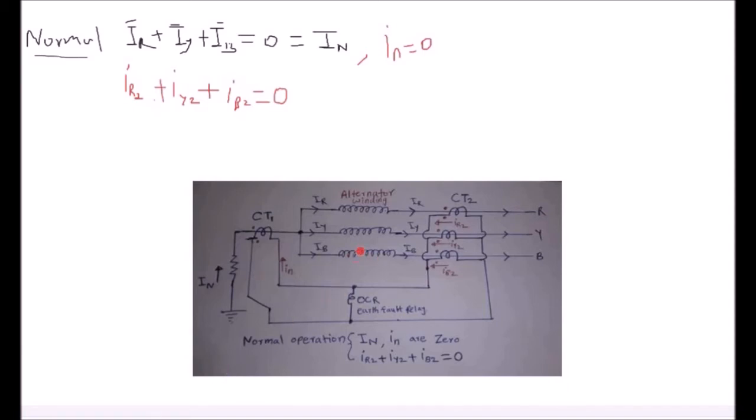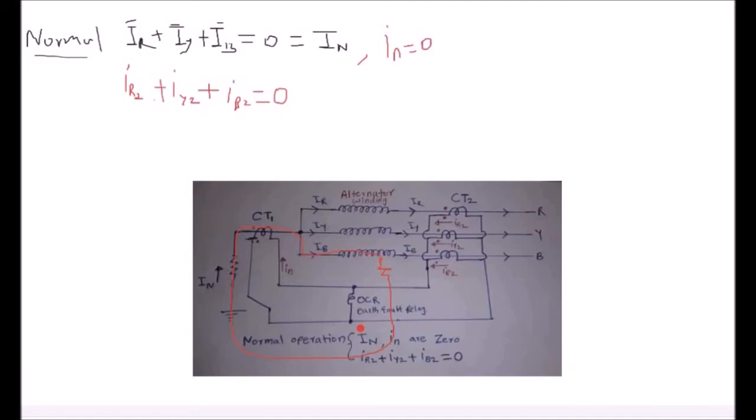Now, if an internal earth fault occurs on any of the windings, say on the B phase winding, that is, the B phase winding insulation gets damaged and it gets connected to the stator core, then that current flows through the ground and then through the neutral path and closes the path through the respective phase.